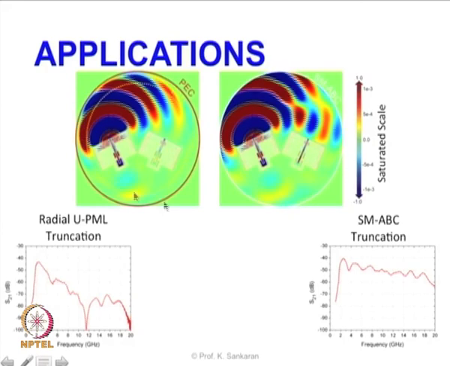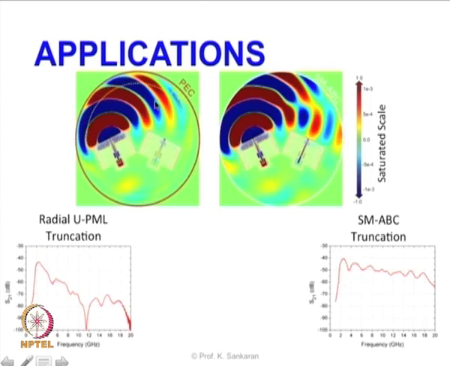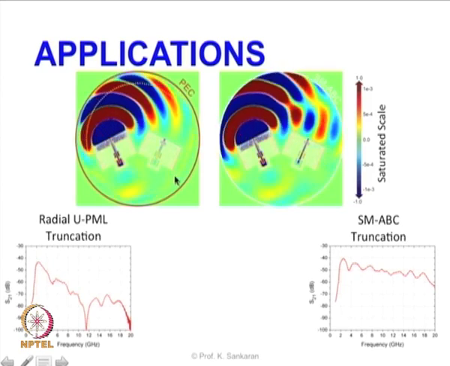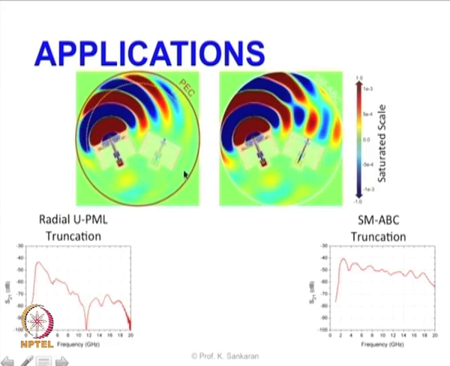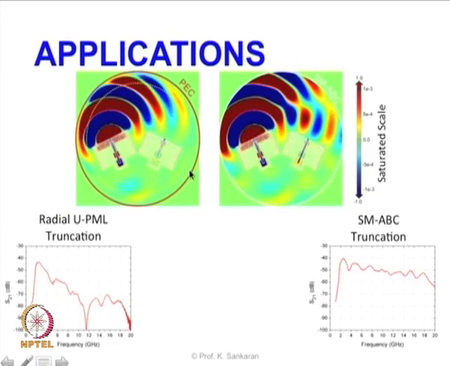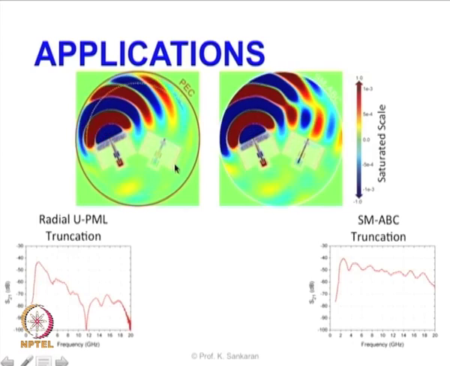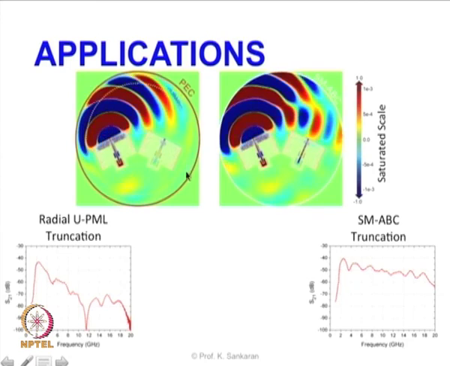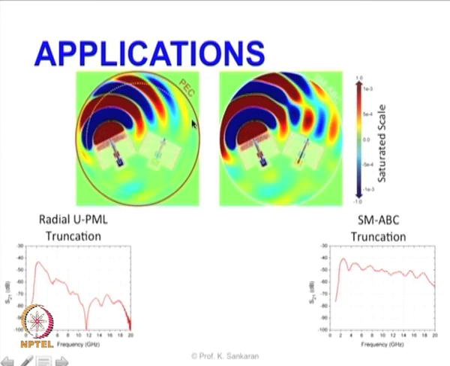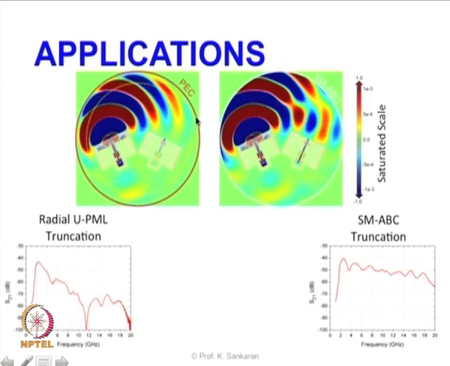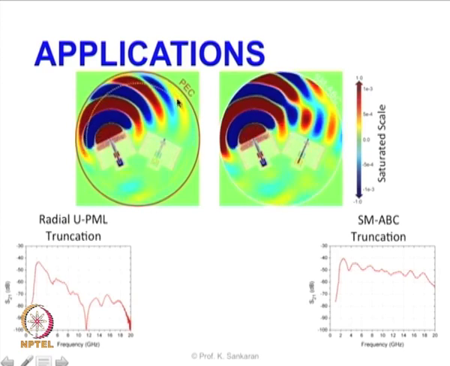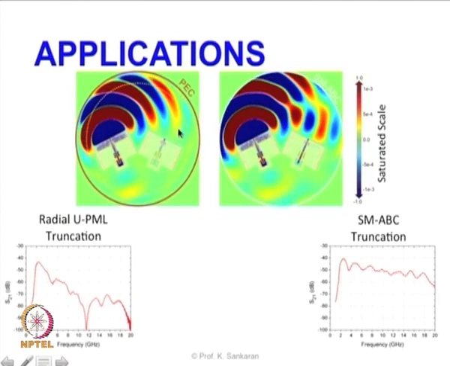In the case of the uniaxial spherical PML, you have a PML starting from this point. You can see the dotted white lines slightly, which mark the starting point of the PML, and this is roughly 1 lambda, roughly 15 cells, which we said for the lowest frequency, and we are truncating the PML using a PEC. So there is still reflection coming, but we need to know what this reflection is.